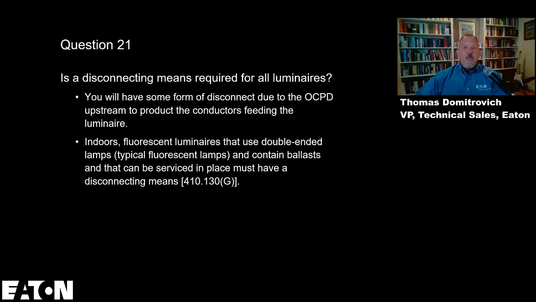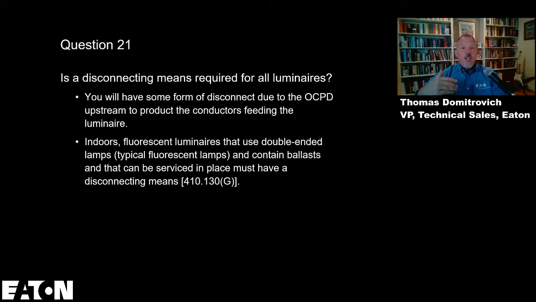Like you have disconnecting means for generators, you have disconnecting means for motors, and you have disconnecting means in photovoltaic systems. And there are applications that will drive where that disconnecting means needs to be located for that luminaire. You have a form of disconnect based upon the overcurrent protective device in the branch circuit that'll be turning off that branch circuit that's supplying power to that luminaire.